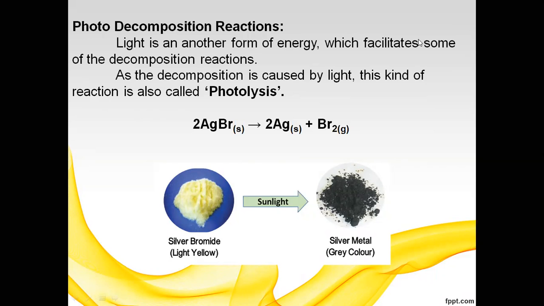As the decomposition is caused by light, this kind of reaction is called photolysis. For example, we take silver bromide under the sunlight. So this is divided into silver and bromine gas.